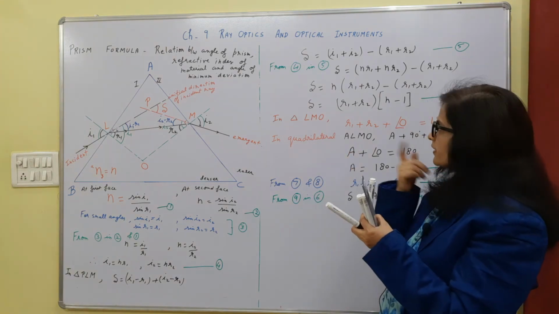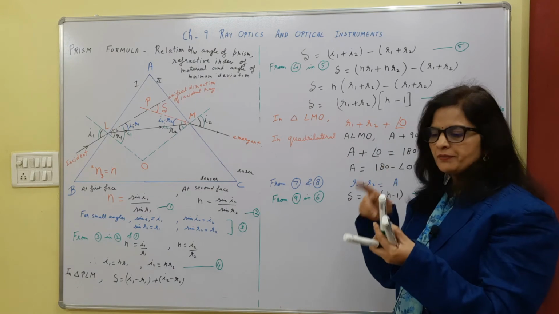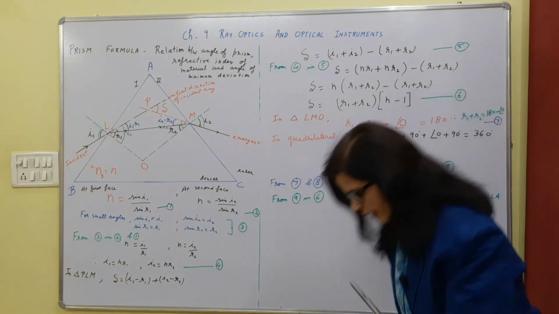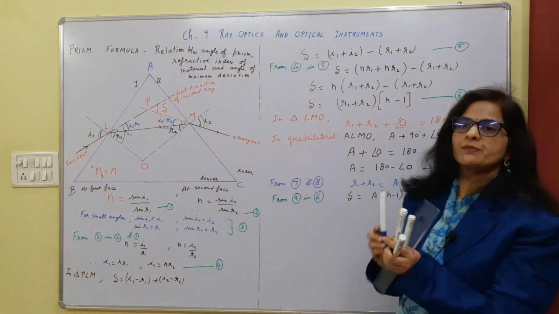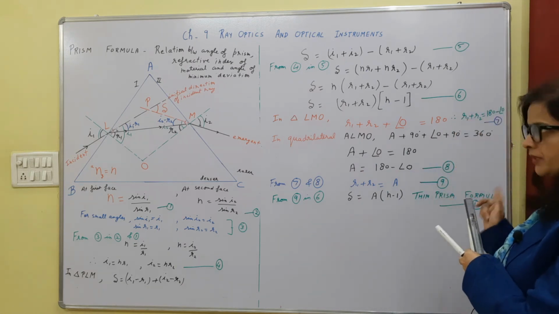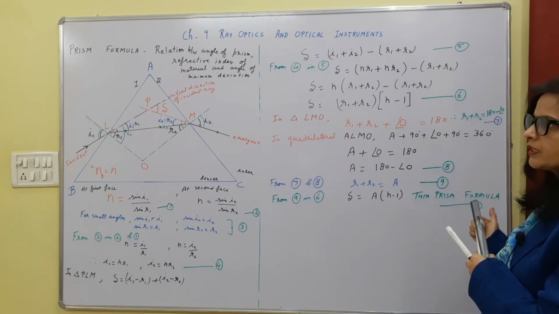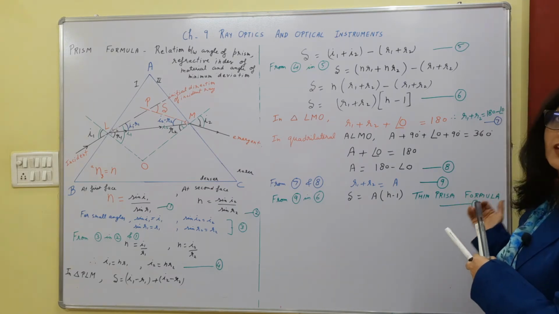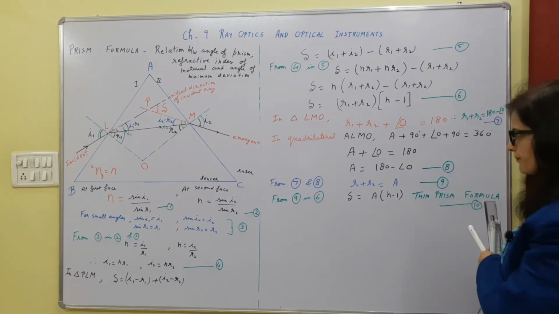Now we have to find the relation between angle of minimum deviation and angle of prism. So for that I need to rub the board because I have to show you the graph for the variation of angle of deviation and angle of incidence.